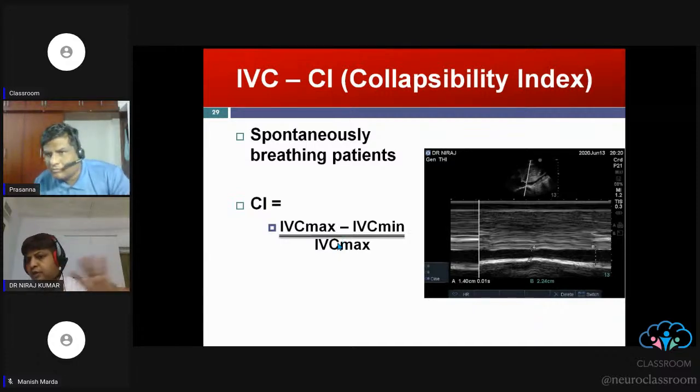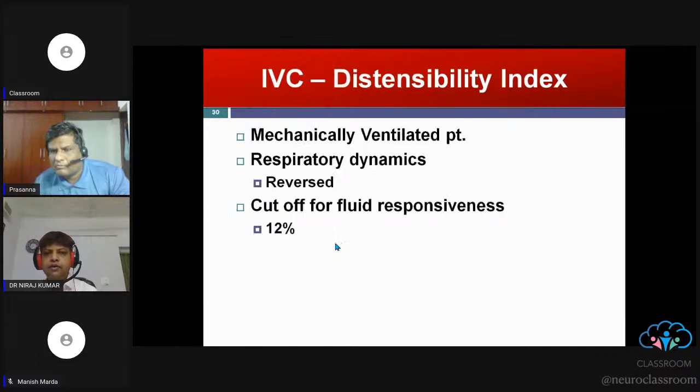All the things we have discussed are in the spontaneously breathing patient. Now come to the mechanically ventilated patient. The situation will be just the reverse.